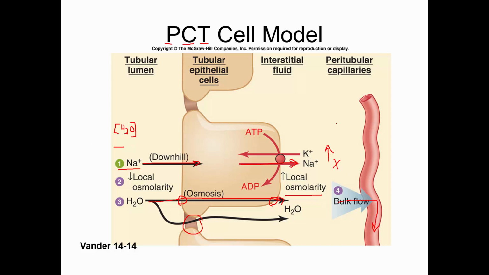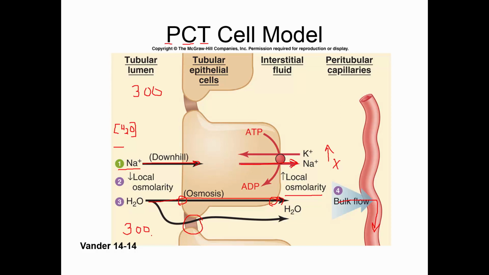So if water is always following particles, then the concentration of the filtrate doesn't change appreciably. So if we start at 300 milliosmolar in Bowman's capsule, by the time we leave the proximal tubule, we should still be at 300 milliosmolar.